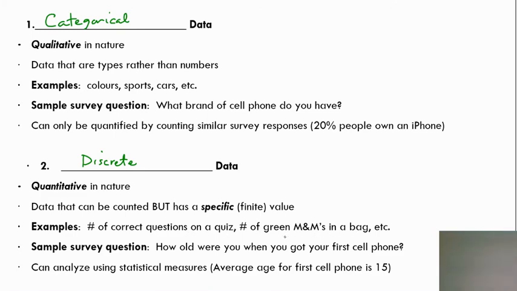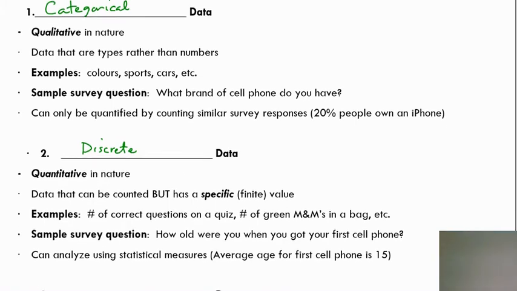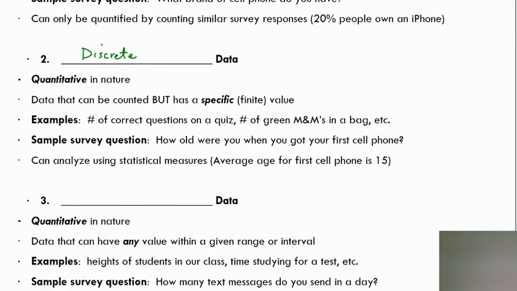You can't have half of a green M&M or a quarter of a green M&M. These are full numbers, so usually discrete is complete numbers. Sample survey questions would be, how old were you when you got your first cell phone? You can analyze using statistical measures, like average age for a first cell phone is 15, for example.